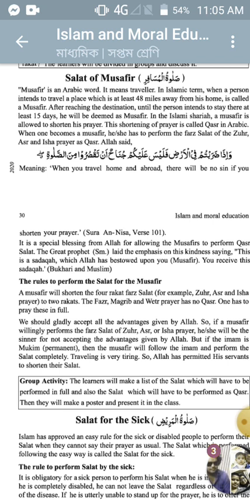That means when you travel at home and abroad, there will be no sin if you shorten your prayer. Surah Nisa, verse 101. It is a special blessing from Allah for allowing the musafirs to perform Qasr.